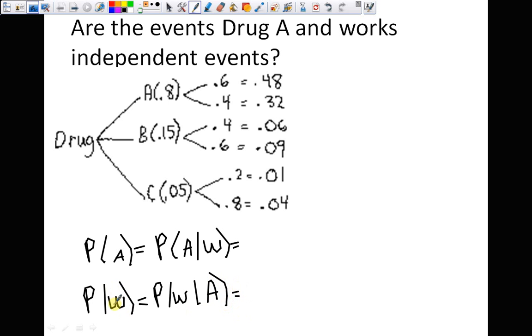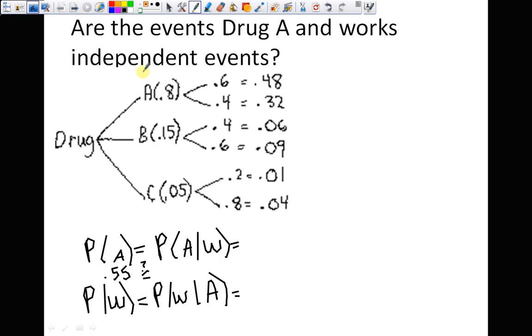Okay. So I'll just use this one. It doesn't matter which one you do really, but the probability of working, we already know, is 0.55. We've got that a couple of times. That's the 0.48 plus the 0.06 plus the 0.01. Now we're going to try to see, is that the same thing? Is the probability that it works given that you use drug A the same? Well, let's think about it.